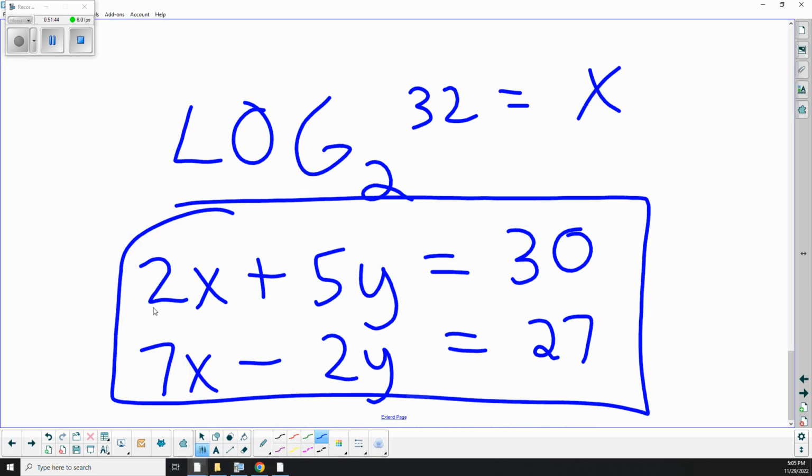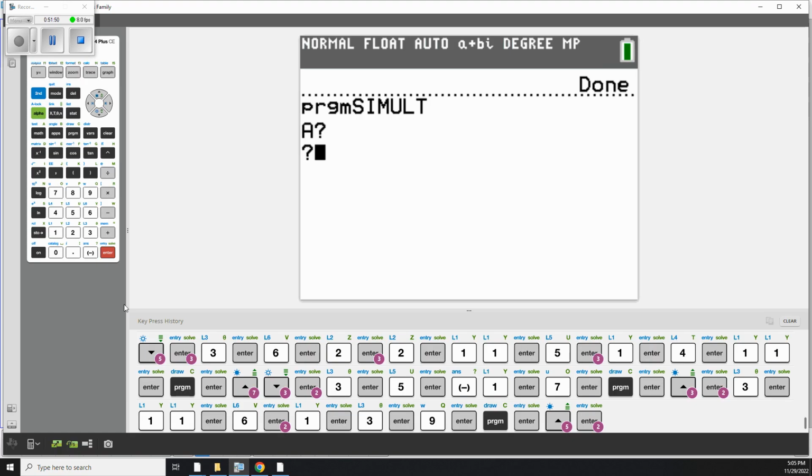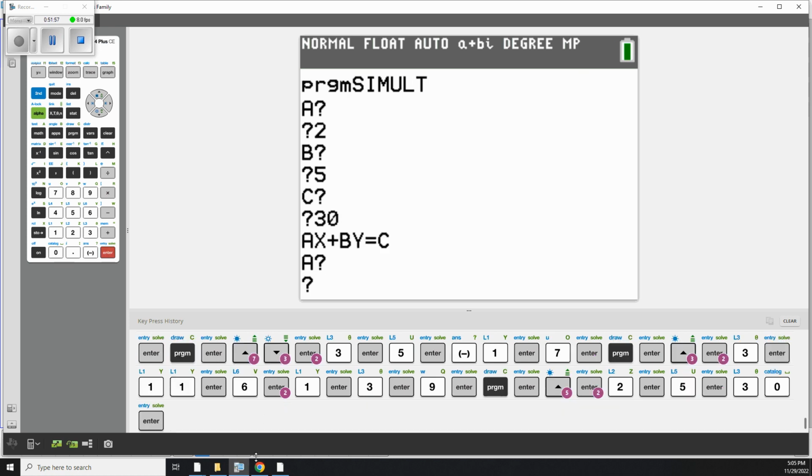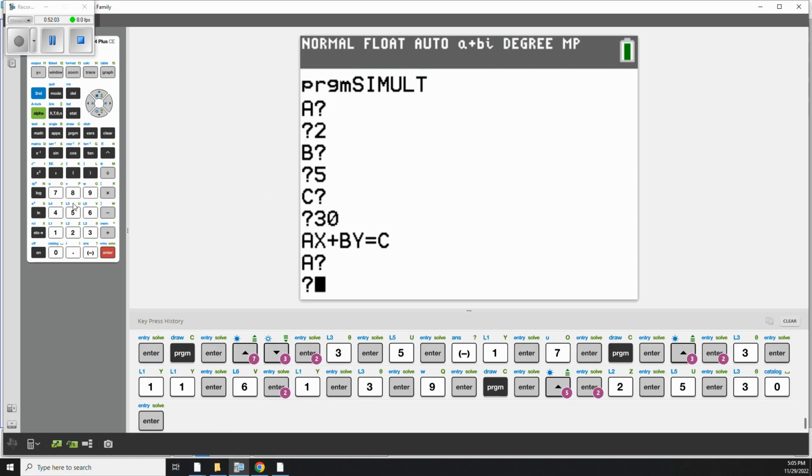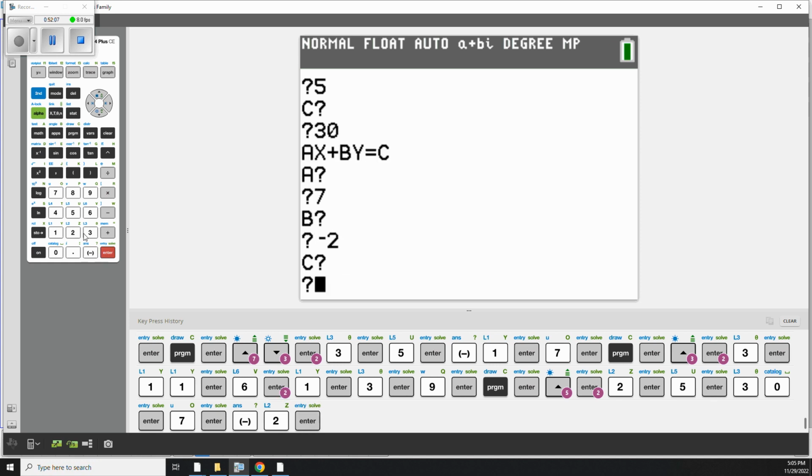Who are the coefficients in the first equation? 2, 5, and 30. Who are the second equation? 7, negative 2, and 27. Make sure you hit the baby negative.